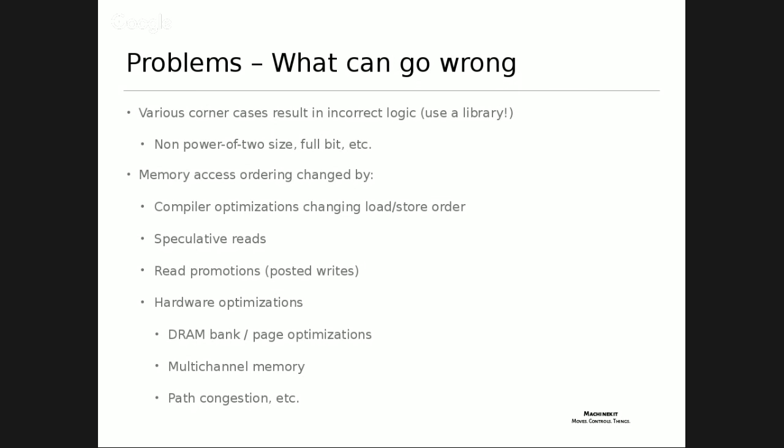There's still a number of things that can go wrong. And generally they are all various forms of memory accesses being changed or reordered. And how does that happen? Well, one of the first things that will play with your memory access ordering is the compiler itself. The compiler sees all the reads and the writes that you're doing.